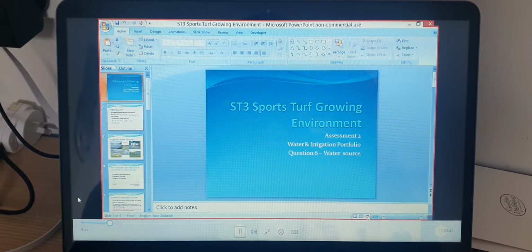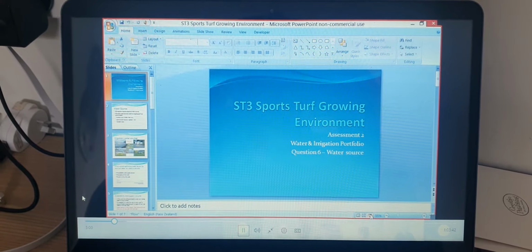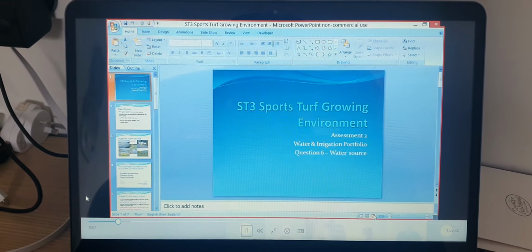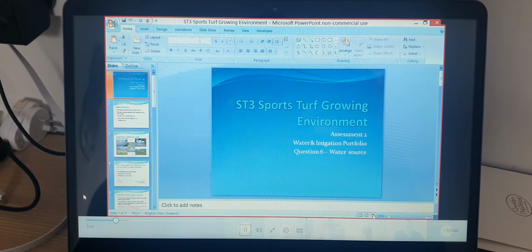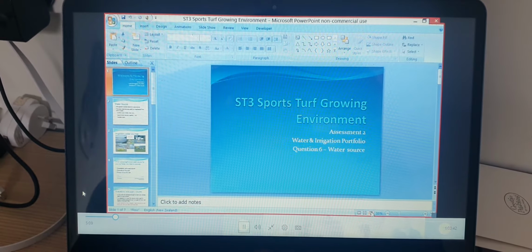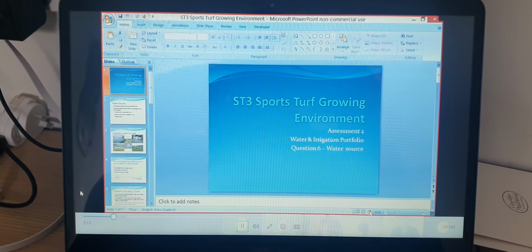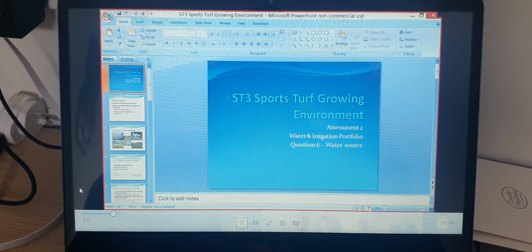So all irrigation systems require a water source, and there are many types, but the ones that I'm discussing here are surface water, groundwater sources, and recycled water. So just a few examples of irrigation water sources.